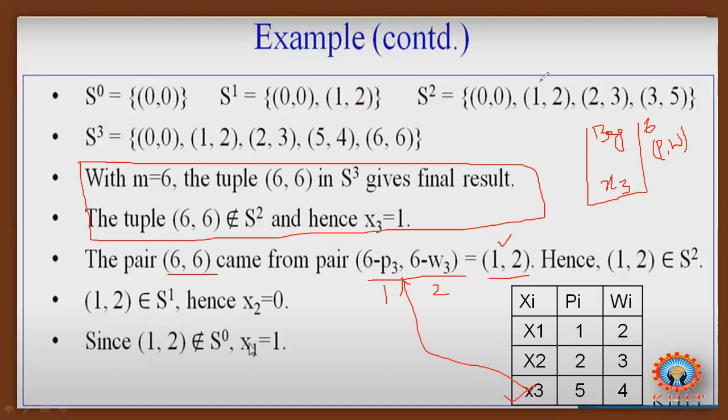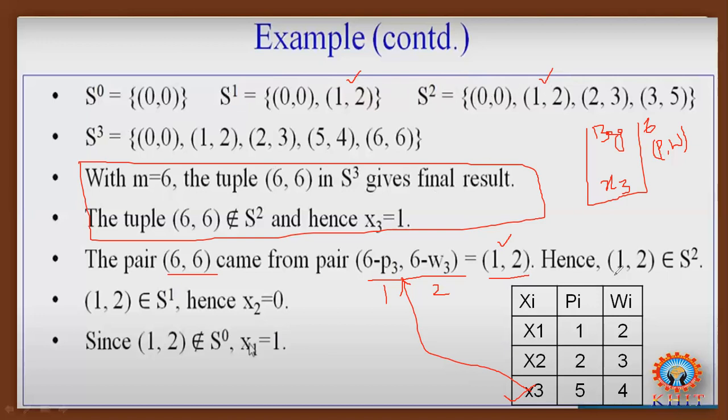1 comma 2 is available in S2. But you need to check whether 1 comma 2 is available in the previous set also, that is S power 1. 1 comma 2 is available in S power 1. That means the pair 1 comma 2 is available in S power 2 and the same pair is available in S power 1.